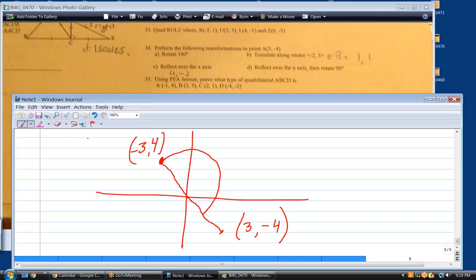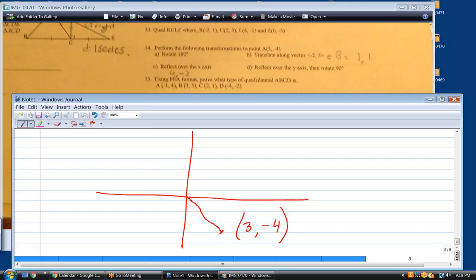Now what if you're rotating 90? Well, then it's a different rule. If I'm rotating 90, I'm not rotating to this spot. First of all, if you say 90, you have to say which way. If you say 180, it doesn't matter if you do it clockwise or counterclockwise, you end up in the same spot.